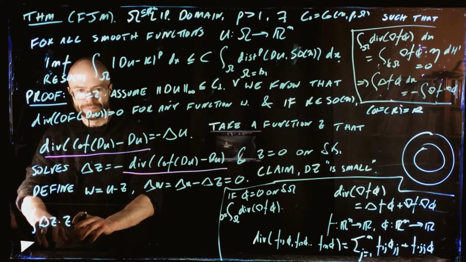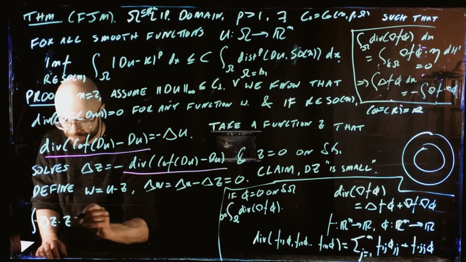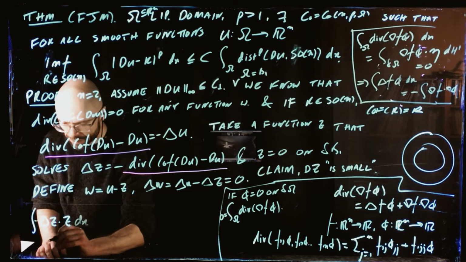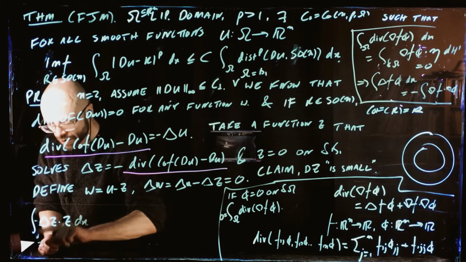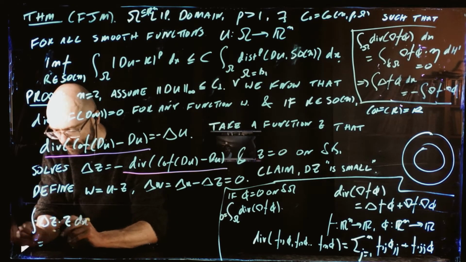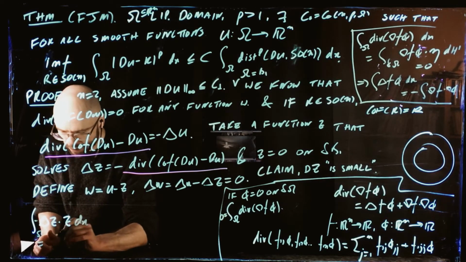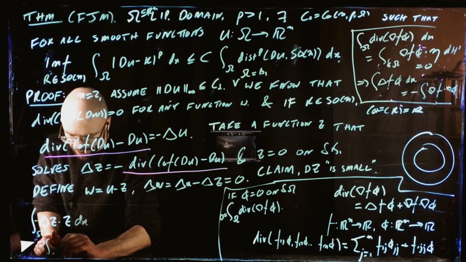So this thing, let's put a minus sign here, is also equal to the integral of the gradient squared. Remember, this is just a ball, which I took to be a ball just because I have a nice boundary.